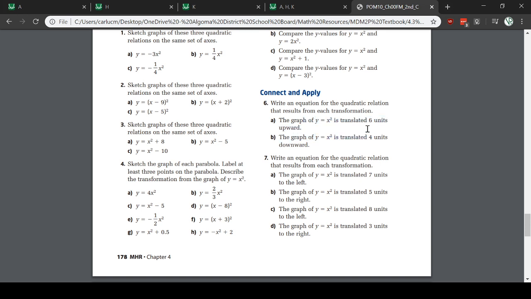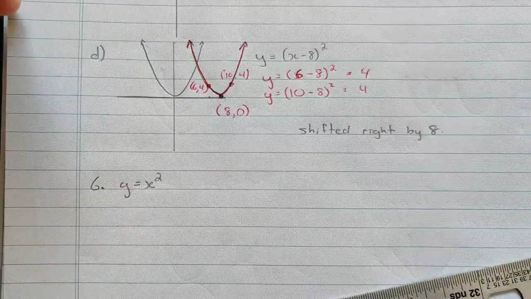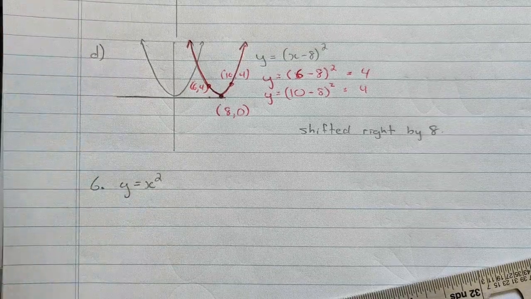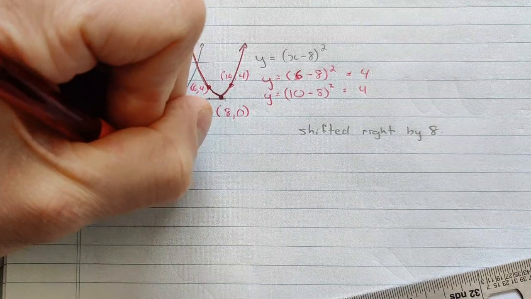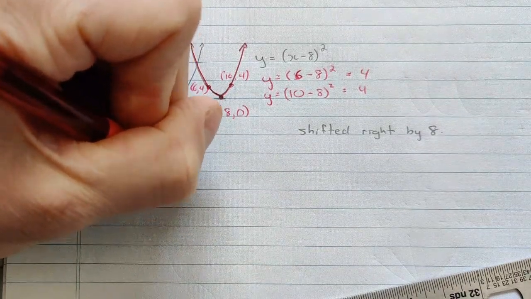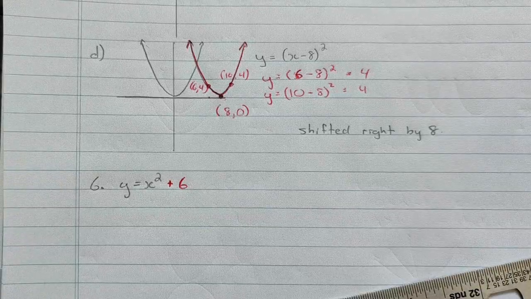Shifting the graph up by 6, y equals x squared, our base graph. We're shifting it up by 6, so that's a k, positive up. Y equals x squared plus 6.